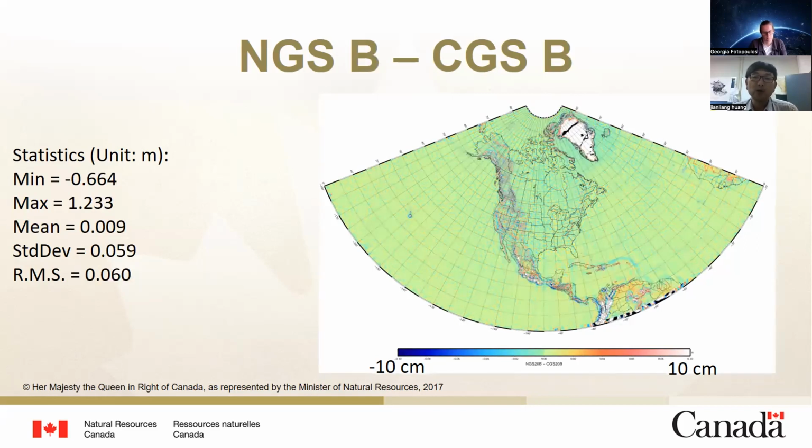The same comparison has also been done for Model B. For Model B, CGS applies a slightly different approach, more comparable with the NGS approach, where we modify the kernel to a much higher degree to use the EGM model more. The models are getting similar, but we can still see decimeter differences over mountain regions.